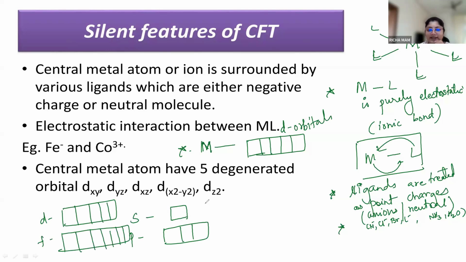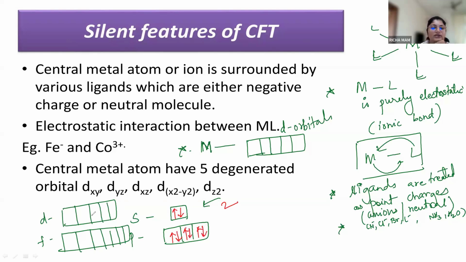The maximum number of electrons accommodated in s is 2. In p, the maximum number of electrons is 6.